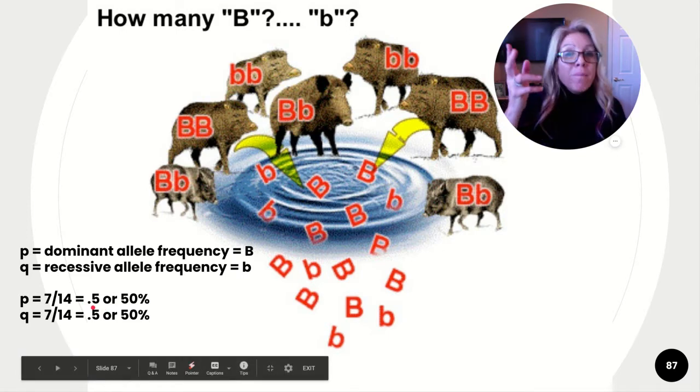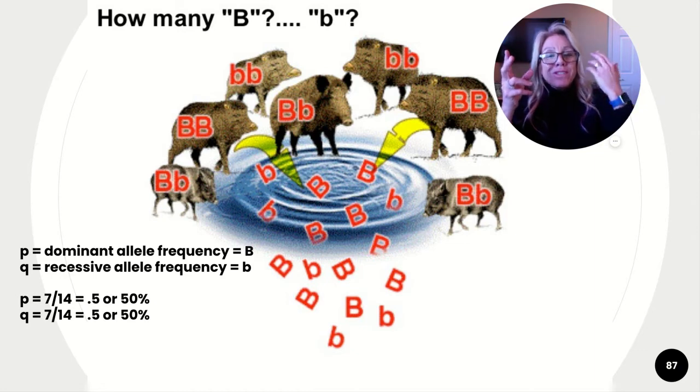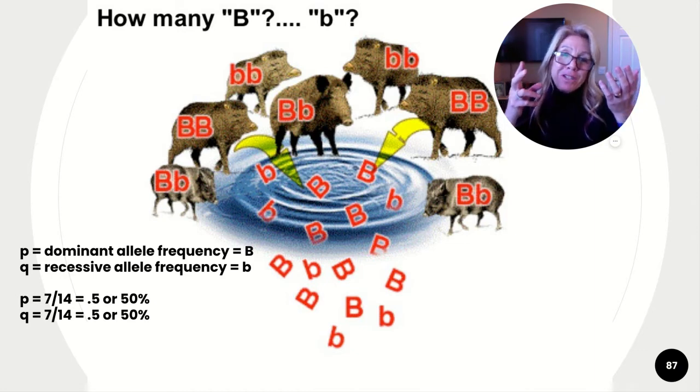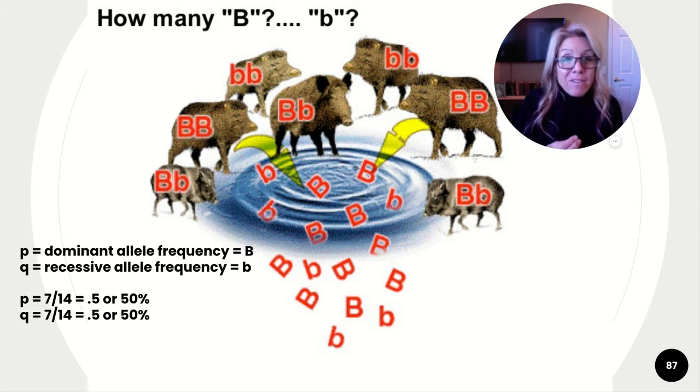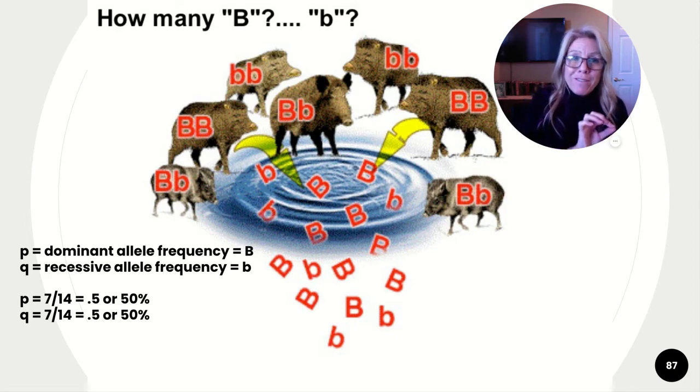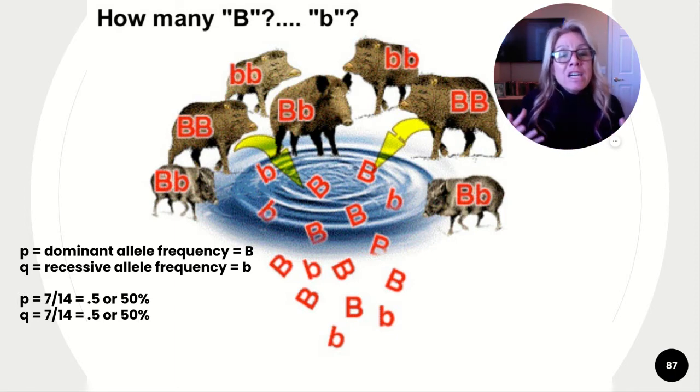Well, if the dominant allele is 50%, then you know the recessive allele has got to be 50% too, right? Because those are the only alleles you have. For instance, if I said the brown-eyed allele was 0.75 in the population of interbreeding people, then the recessive blue-eyed allele would have to be 0.25, right? Because that equals 1. So when you look at these numbers, this is part of population genetics.